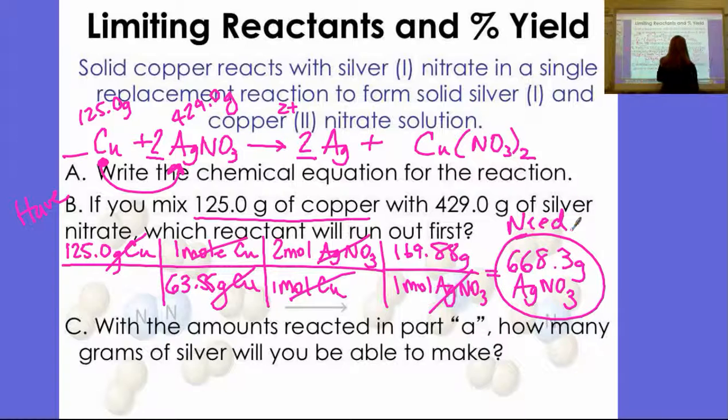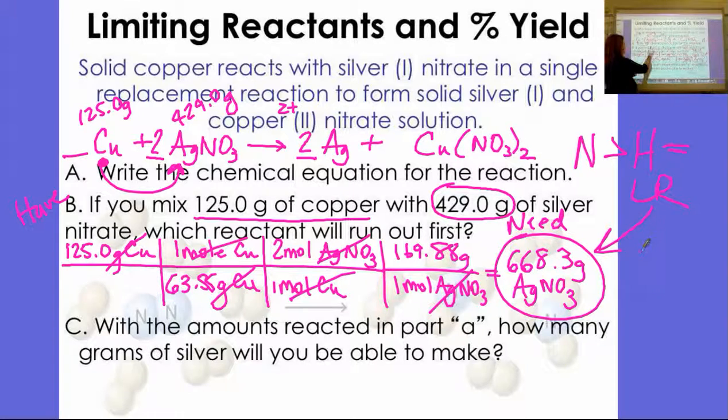That's my need. Comparing that with my have, this time my need is greater than my have. When your need is greater than your have, this one has to be my limiting reactant. Silver nitrate is my limiting reactant. If silver nitrate is limiting, that means I must have excess copper.